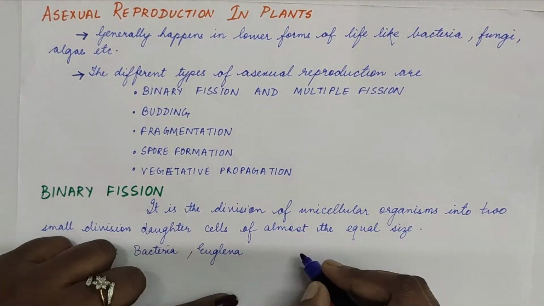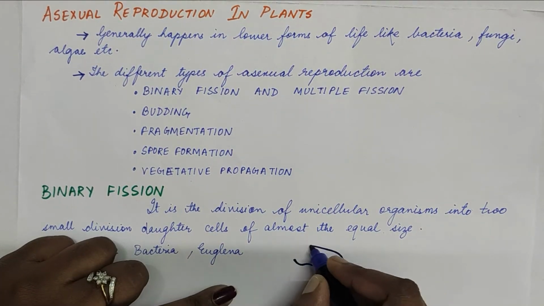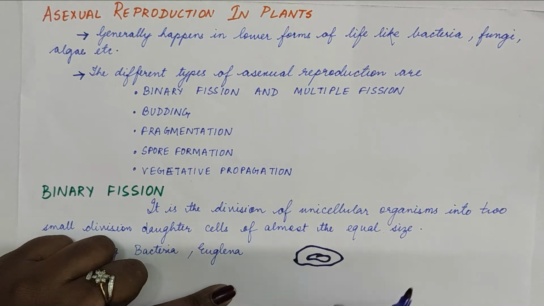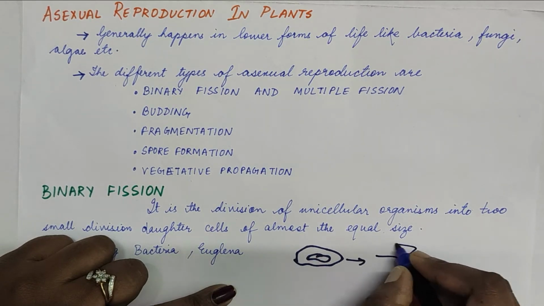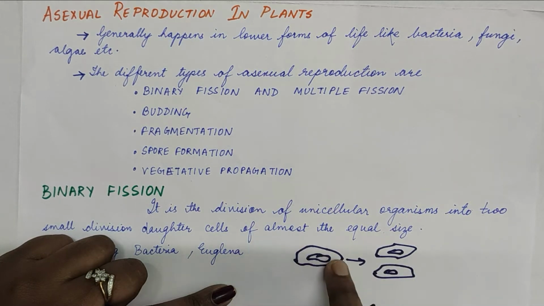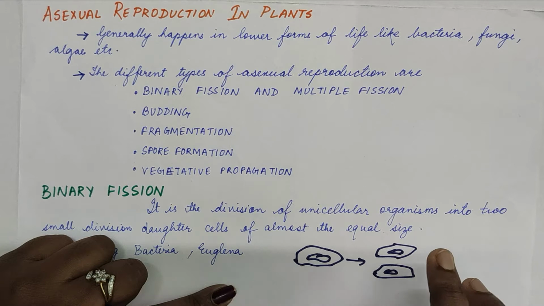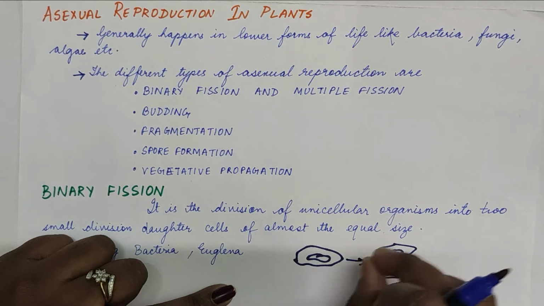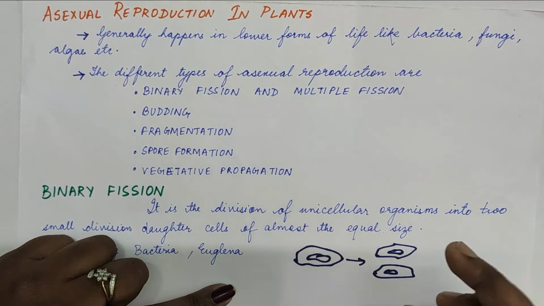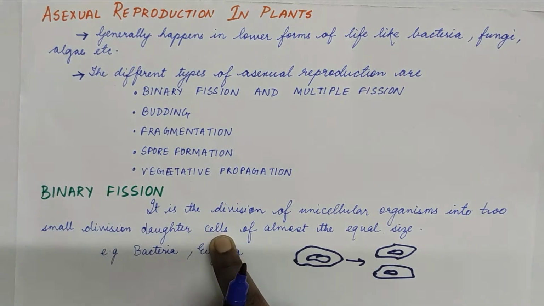If I draw a rough diagram, if this is one bacterium with the nuclear material lying around and it breaks into two daughter cells, so one organism without any fusion of sex cells is producing two daughter cells of roughly the same size, then we call it binary fission.